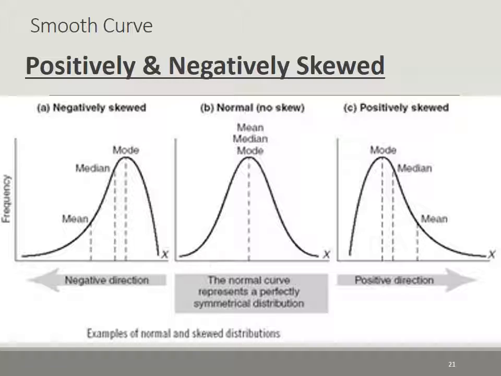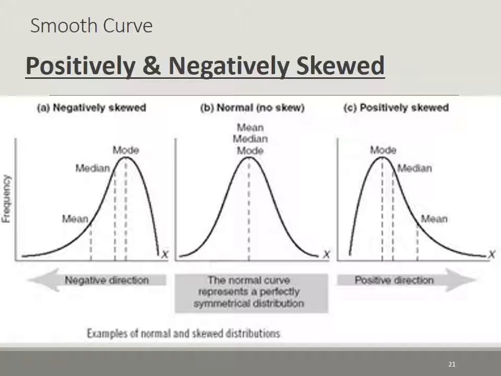So what they mean is that your mode is going to be more important when you're skewed, and the median is going to be a better approximation of the mean or the middle of the distribution when it's skewed. So if you can see in A how the mean is not anywhere really near where the center of this distribution is, that is the impact of skew on a distribution, in which case sometimes the mean, the average, is not the best way of explaining what's going on with the distribution.